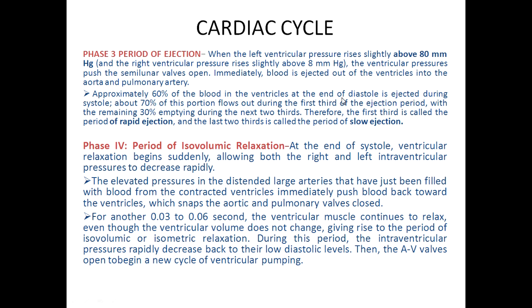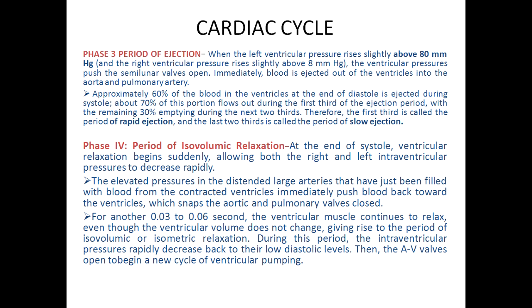So in phase 3, what happens? Whenever the left ventricular pressure rises slightly above 80 mm Hg and the right ventricular pressure rises slightly above 8 mm Hg, the ventricular pressure will push the semilunar valves. So what are semilunar valves? The valves protecting the left ventricle and aorta, and also the right ventricle and pulmonary artery.